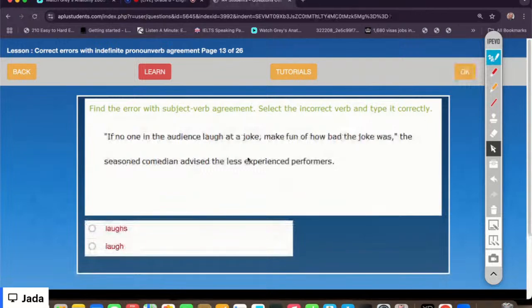If no one in the audience laughs at a joke, make fun of how bad the joke was, the seasoned comedian advised the less experienced performers.